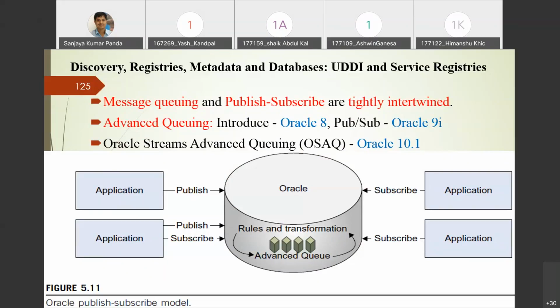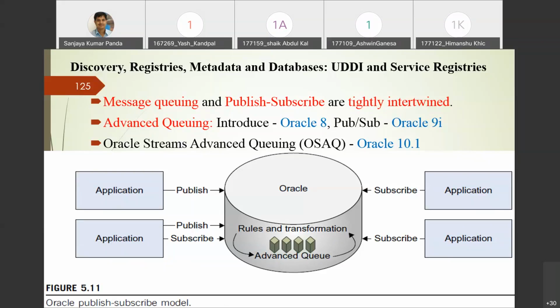It may happen that one publisher is also a subscriber; as a publisher, I am also a subscriber to other events. So message queuing and publish subscribe are tightly intertwined, and Oracle introduced a publish subscribe solution for enterprise information delivery and messaging.